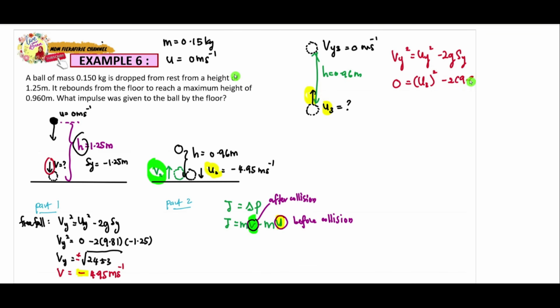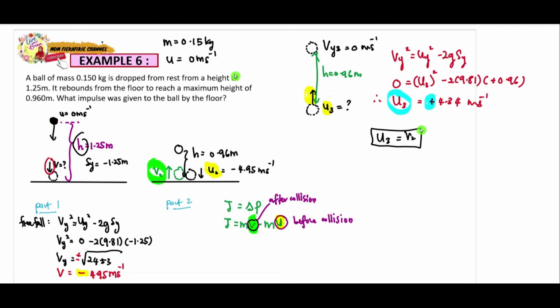Minus 2, 9.81, Sy must be positive since the direction of motion is upward. So positive 0.96. Therefore, kita akan dapat nilai U3 is equal to positive 4.34. Sama juga tadi kalau kita take the square root, ada positive negative. Kita akan pilih jawapan positif since the direction of motion sekarang dia tengah bergerak naik ke atas.